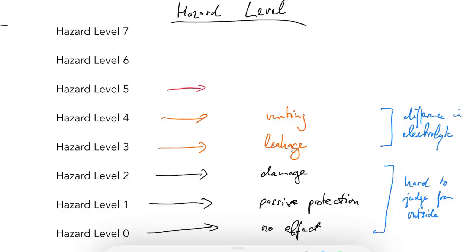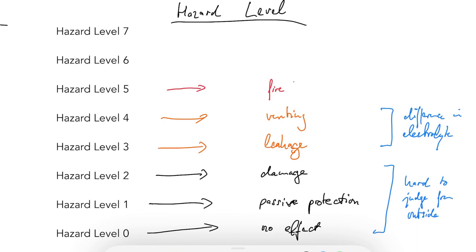And now the tricky thing is that there are two hazard level definitions. The good thing is one is most widely used, and that is the one according to UCAR, which I referred to before already. UCAR says hazard level 5 is fire and flame, and hazard level 6 is rupture.